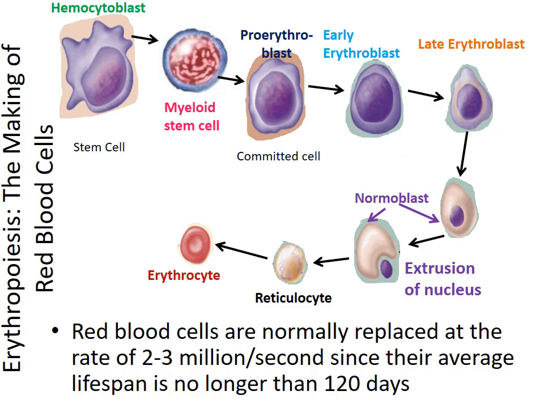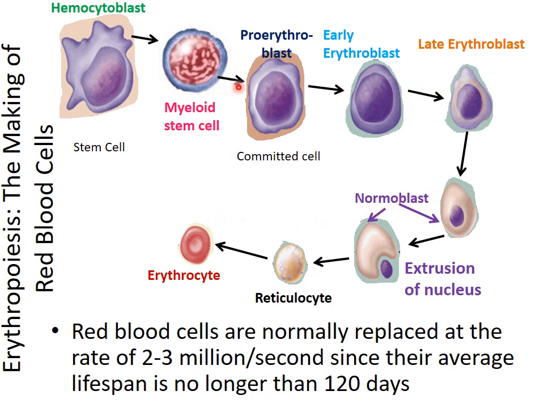Now we will see the steps involved in erythropoiesis. Erythropoiesis is the formation of red blood cells from a hemocytoblast, which is a stem cell. Right from the stem cell, the starting cell, when you look across all these stages, what is the most striking feature?